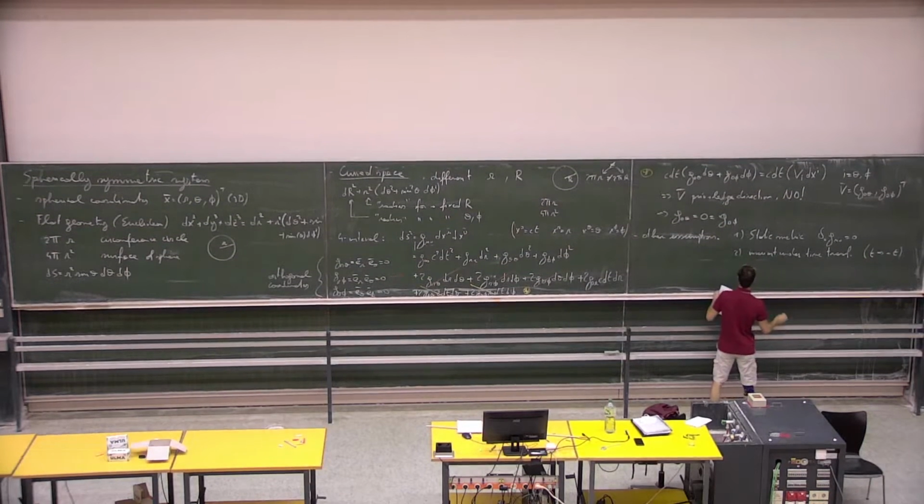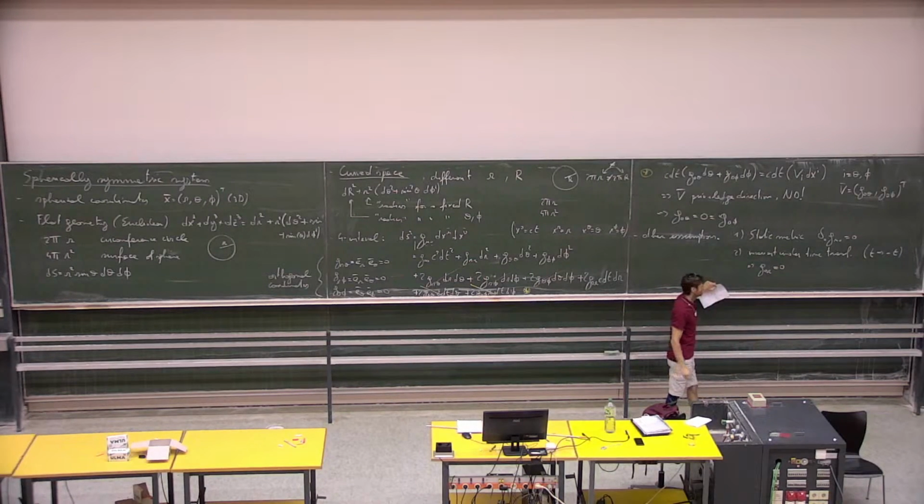And this implies that the component G0R must be equal to 0. See, here is the time, because if this wouldn't be the case, then the four-interval would change sign.